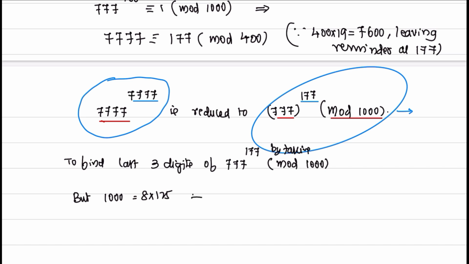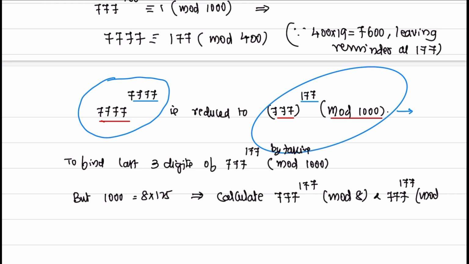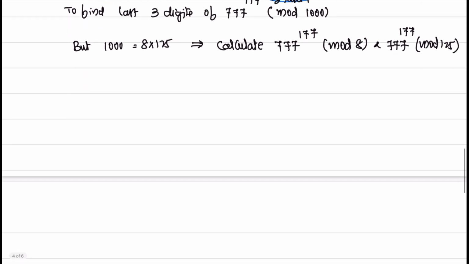Hence, we have to calculate 777 to the power of 177 mod 8 and 777 to the power of 177 mod 125 separately, and we can combine them afterwards.